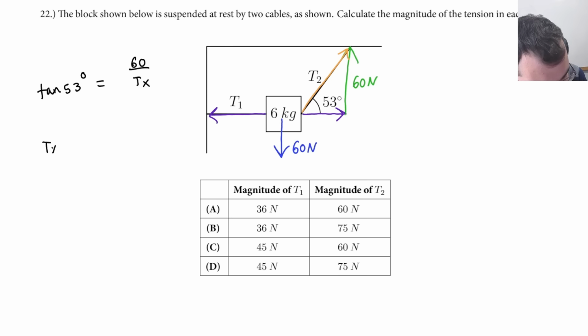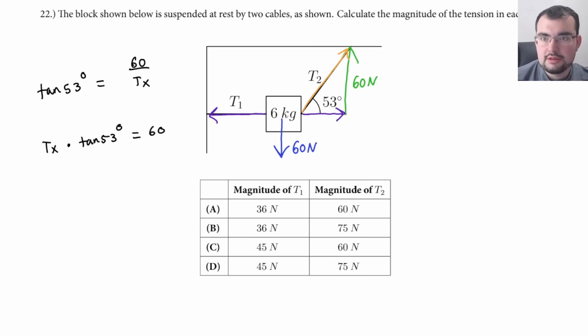So this means Tx times tan 53 is 60. So what is tan 53? This is a 3, 4, 5 triangle, of course. So it's 4/3. So Tx times 4/3 is equal to 60.